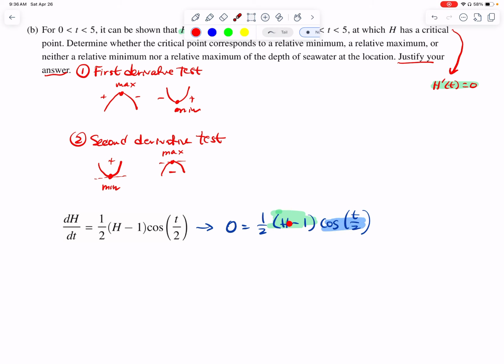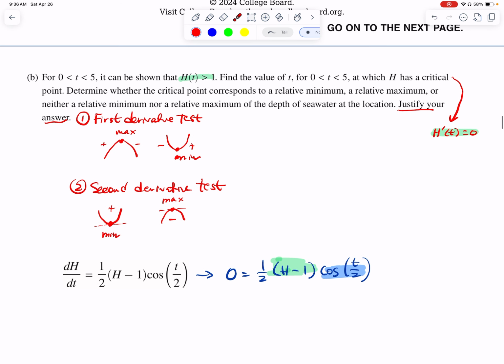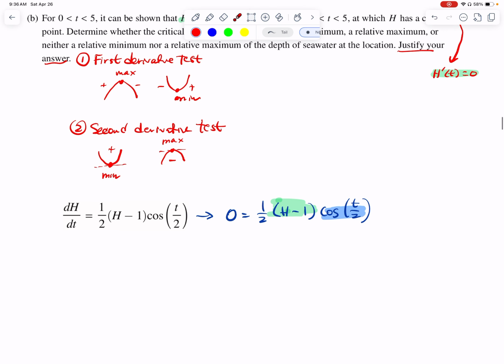Guess what? We get to eliminate this h minus 1 because it told us that h is always greater than 1. I have something bigger than 1, minus 1. That means that this value is always going to be positive.